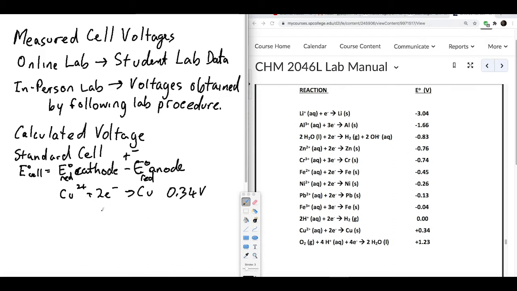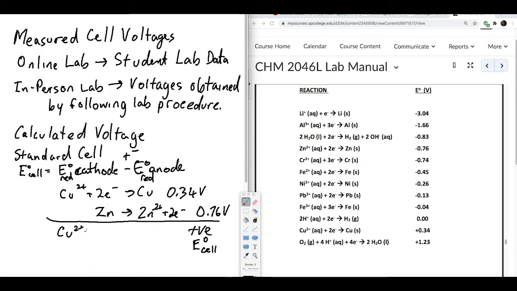Now the zinc, we're flipping around, turning it into an oxidation, and when we do that we get minus 0.76 volts turning into plus 0.76 volts. So you can see what we've done is we've flipped it around, which changed the sign here, and that gave us a positive value for the E naught cell, which is what we wanted in the first place.